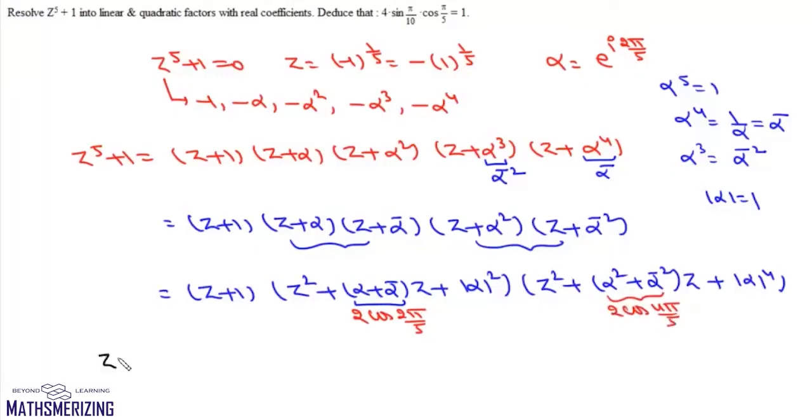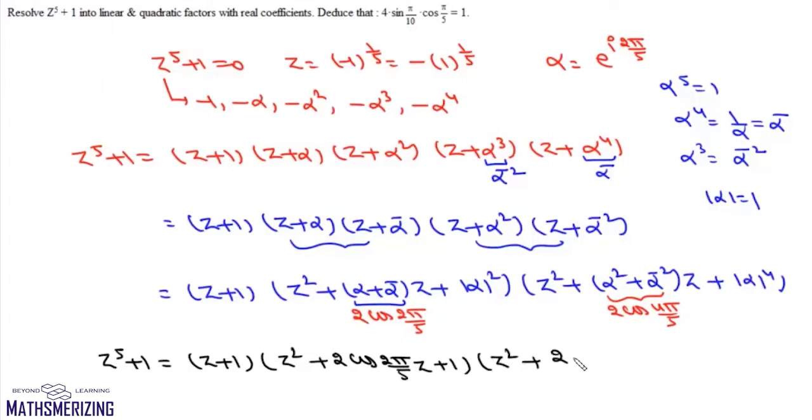So we can write z to the power 5 plus 1 equals z plus 1, z square plus 2 cos 2 pi by 5 z plus 1, into z square plus 2 cos 4 pi by 5 z plus 1, and this is how we have factorized z to the power 5 plus 1 into linear and quadratic factors.